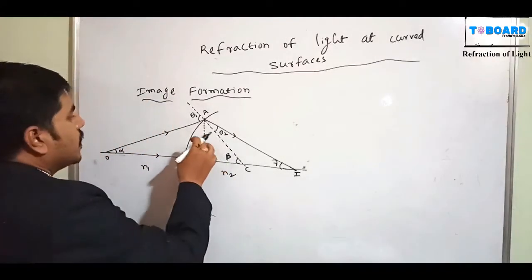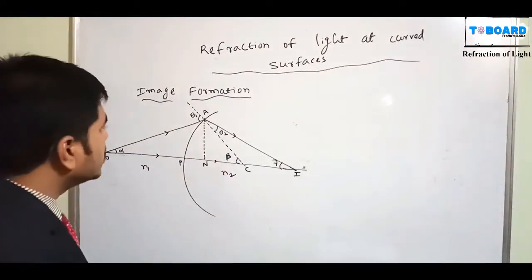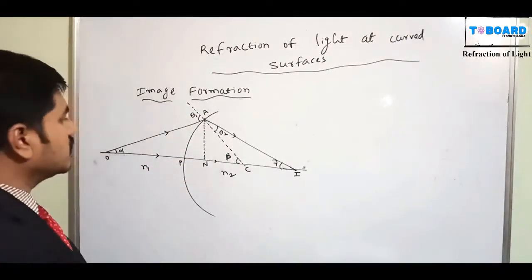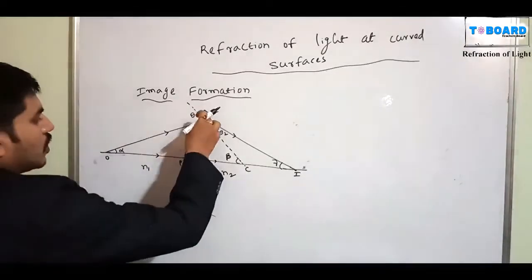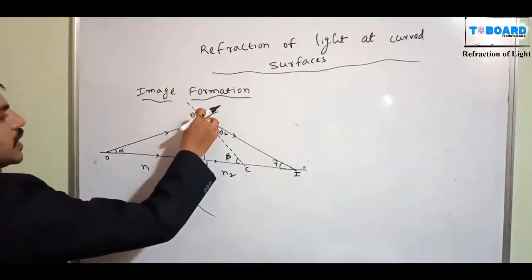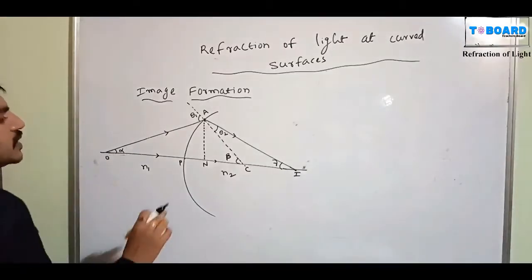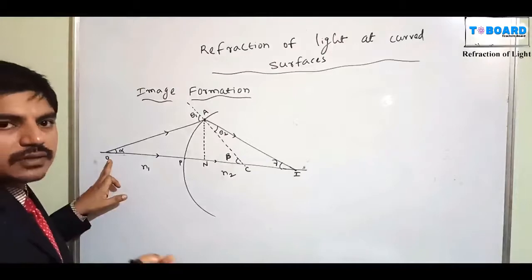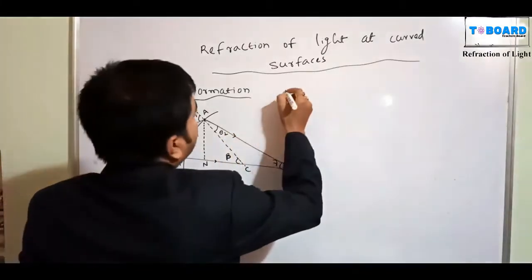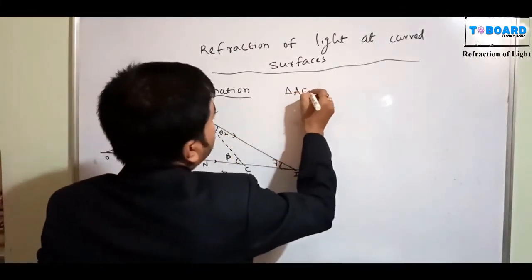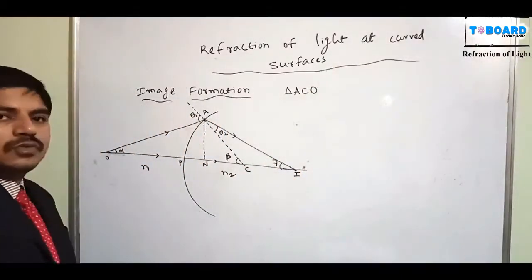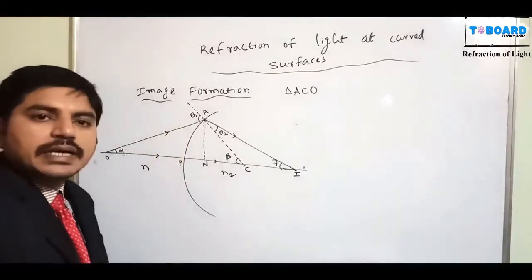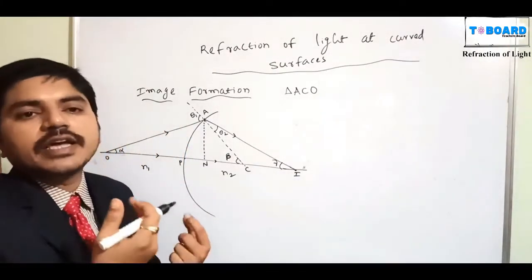See here, in the derivation, if I consider ACO, it is a triangle, right? So once you observe triangle ACO, the sum of the interior angles is equal to the exterior angle.